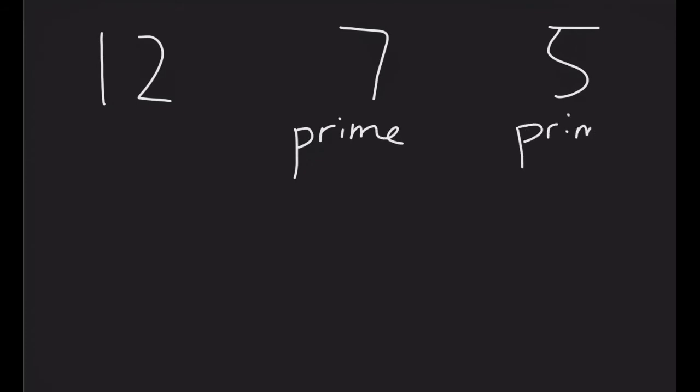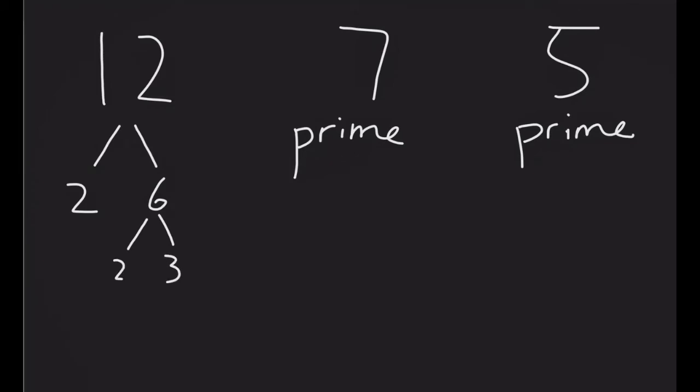Alright. 12, 7, and 5. Alright, so 7 and 5, they're both prime numbers, so they can't be broken down into any more factors. So for 12, let's break it down into its factors: 2, 6, 2, 3.